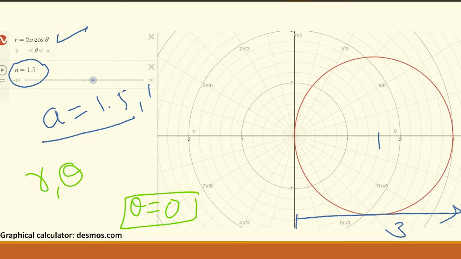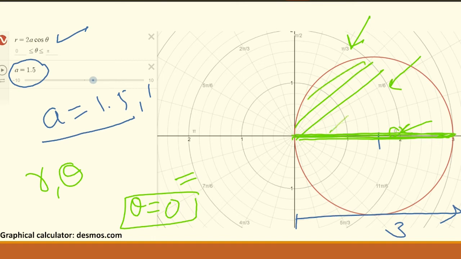You can see here it is 0, pi by 6, pi by 3. This means the green line is the initial line. So the semicircle above the line, the shaded region which I am shading, is the required region. Means we have got the region R.